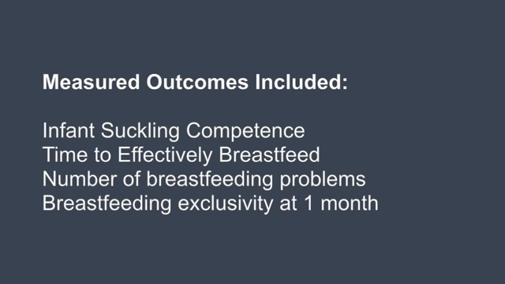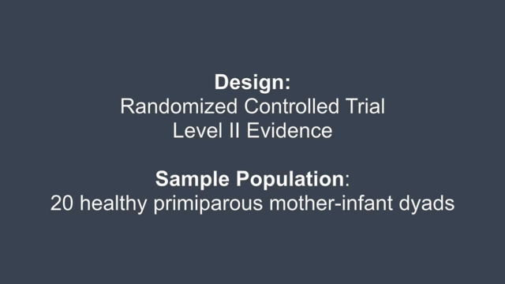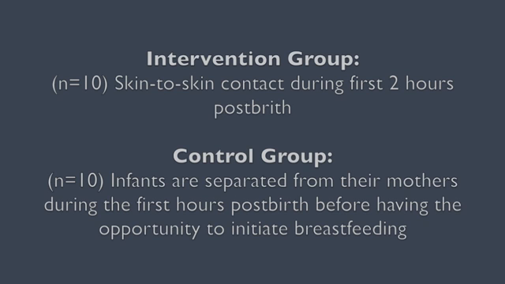This was a randomized controlled experiment that measured infant suckling competency during the first breastfeeding, time to effective breastfeeding, number of breastfeeding problems during the first postpartum month, and breastfeeding status at 1 month post-birth. 20 healthy primiparous mother-infant dyads were randomly assigned by computerized minimization to the intervention group, skin-to-skin contact, or the control group, standard care.